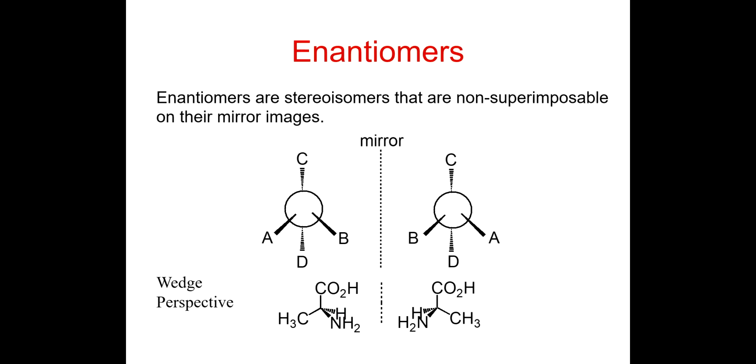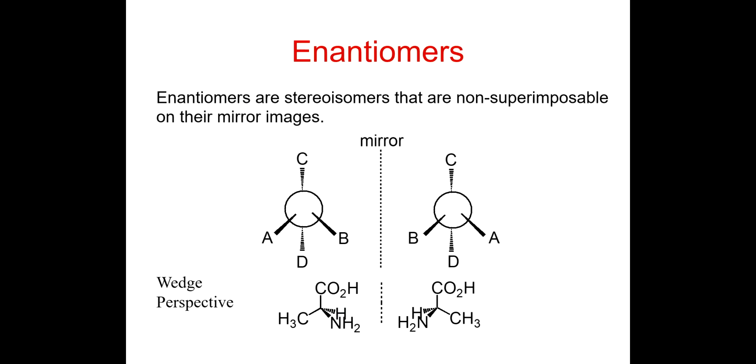This is how they cannot be completely superimposable to each other. Now, why is this happening? It is because the central carbon atom is connected with 4 different groups, right?